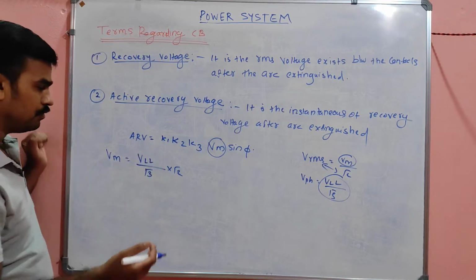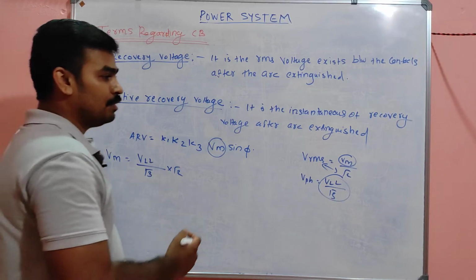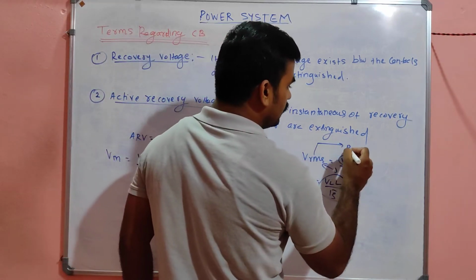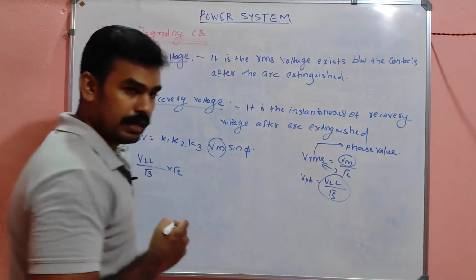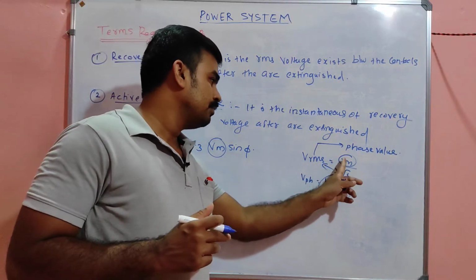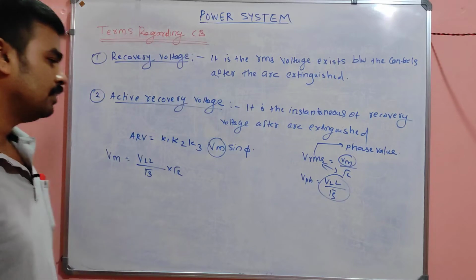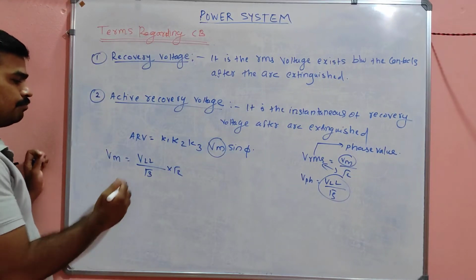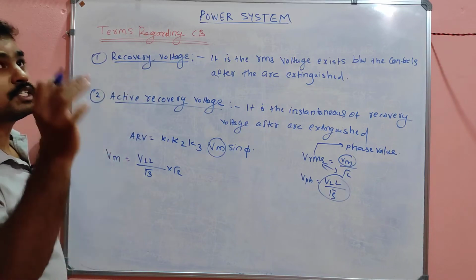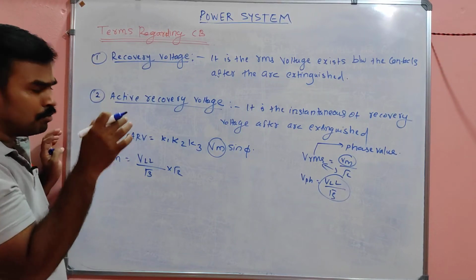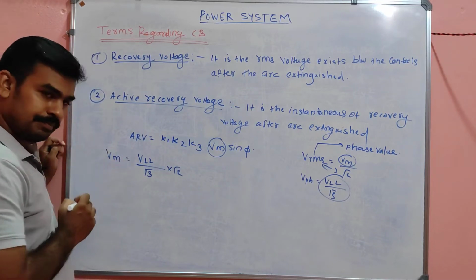Vrms here means the phase value of voltage. We have to convert it to line quantity, so VLL by root 3, because it's a star connected system. Line voltage equals root 3 times phase voltage, so phase voltage will be line voltage by root 3. Line voltage by root 3 into root 2 will be the Vm.